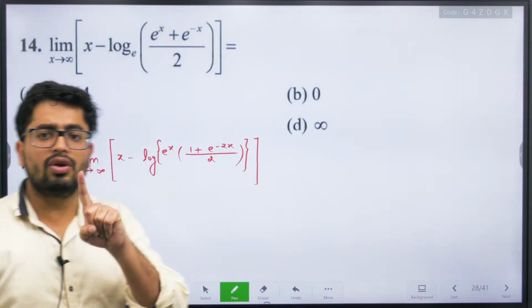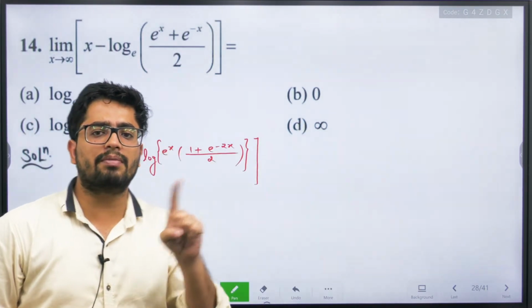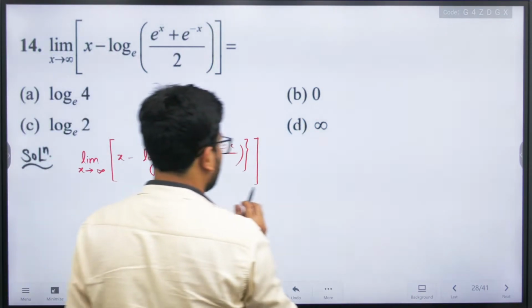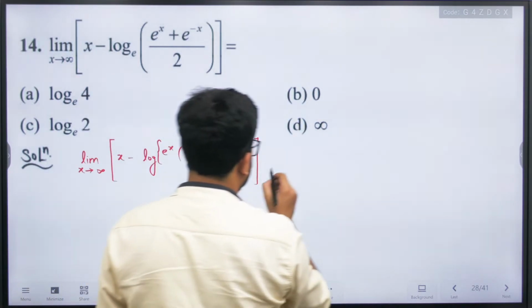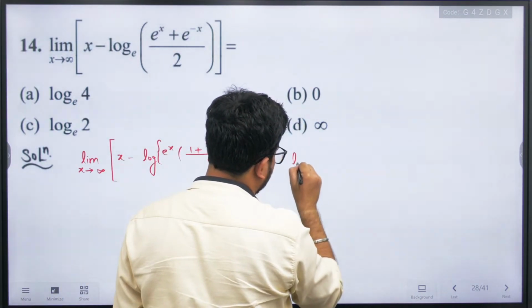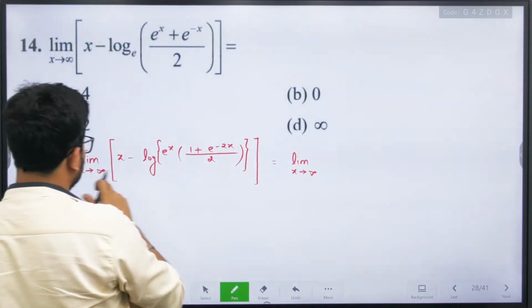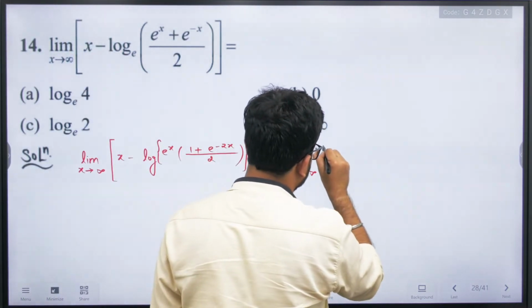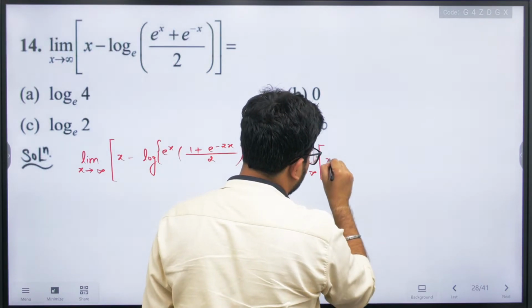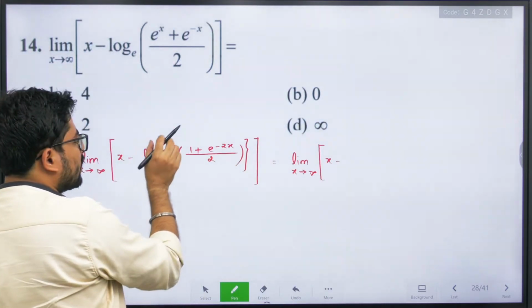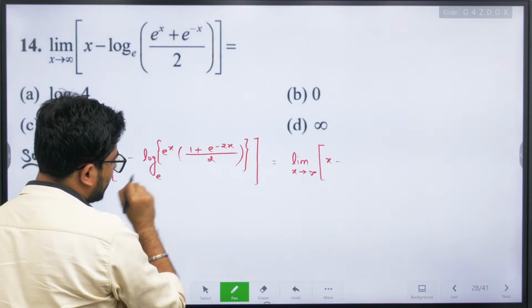Now, you know log m into n is what? Log m plus log n. Okay, log of m into n is log m plus log n. So you can say this limit is the limit as x extends to infinity of x minus log e to the power x, where the base is e here.